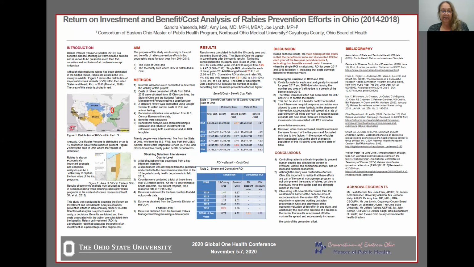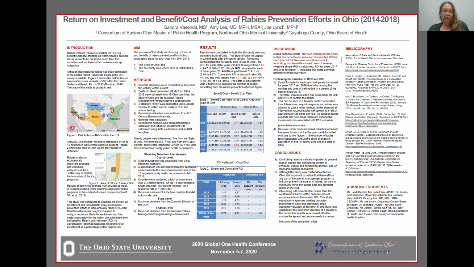Published studies have suggested that in the absence of intervention, raccoon rabies will spread at a rate of approximately 25 miles per year. And as raccoon rabies expands into new areas westward, there will be exponential increased costs associated with increased prevention measures.